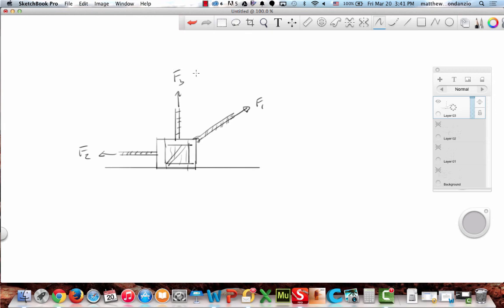We'll be able to solve this kind of problem where we have multiple forces. And how do you break your forces down? Horizontal and vertical.